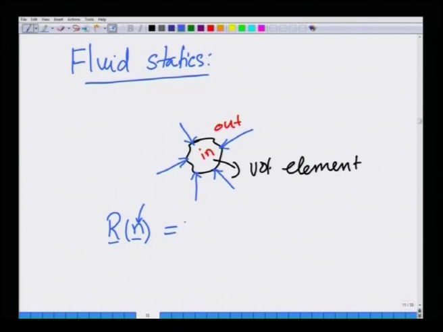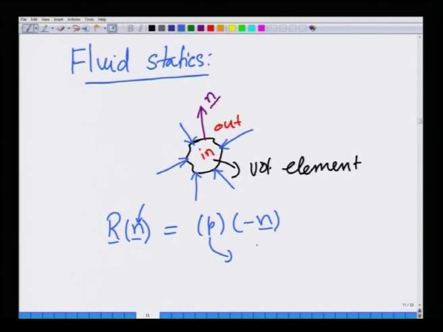Since the unit normal points outwards, from inside to outside, the force on a static fluid element acts from outside to inside. So, this force is written as P times minus n, because minus n is the direction in which the force is acting and P is the magnitude of the force.